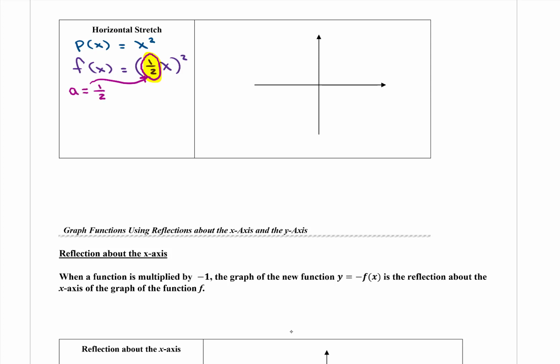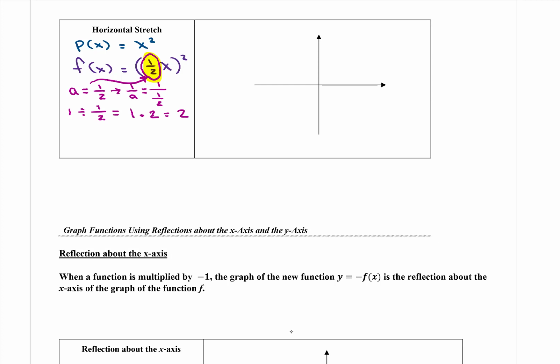And I just want to remind you that, if you wanted to multiply this out and multiply 1/2 x times 1/2 x and get 1/4 x, you could also say that this is being vertically compressed by a factor of 1/4, since 1/2 times 1/2 is 1/4. But once again, we're thinking of this in terms of a horizontal stretch, so I'm not going to think of it that way. I'm going to write here a is equal to 1 over 2.